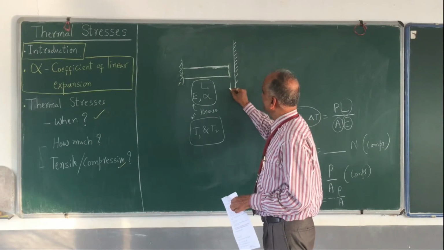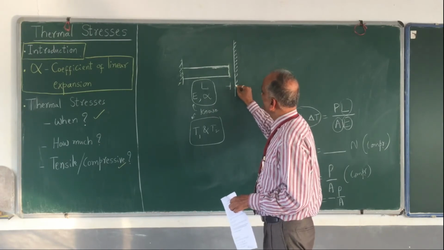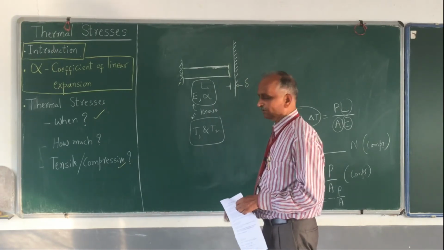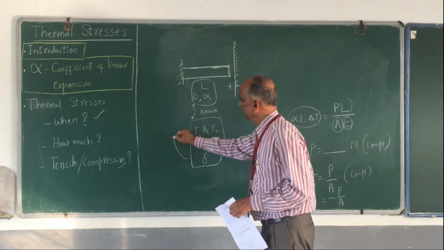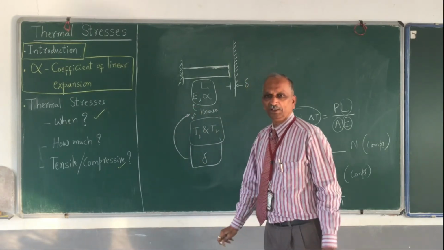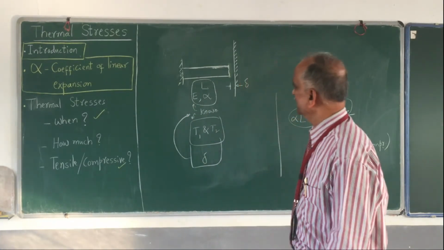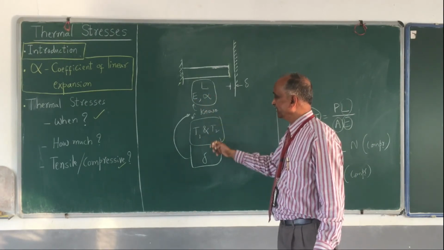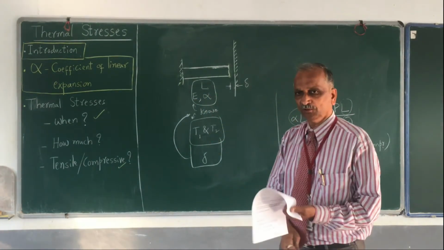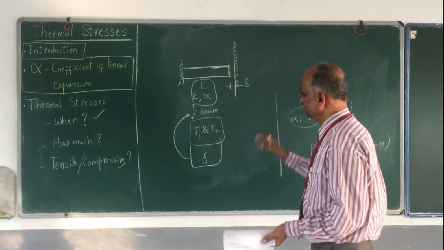There is some gap here. This is delta. So this delta also is known. I know L, E, A, alpha, T1, T2 and delta, all of them are known. The delta value is also given.